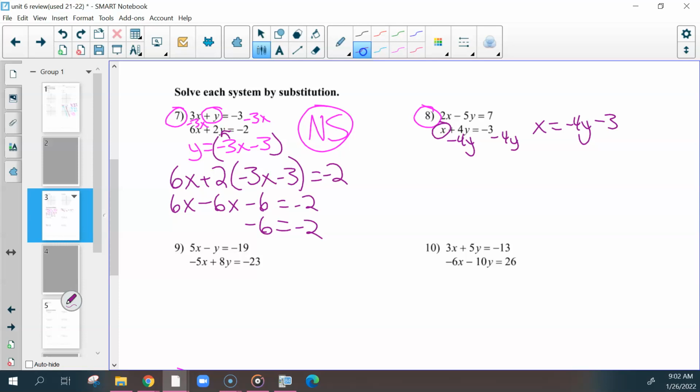Once we have that, we can substitute it into the other equation where x is. So this is going to be 2 times negative 4y minus 3 minus 5y equals 7. Distribute, combine your like terms, and start to solve for y.